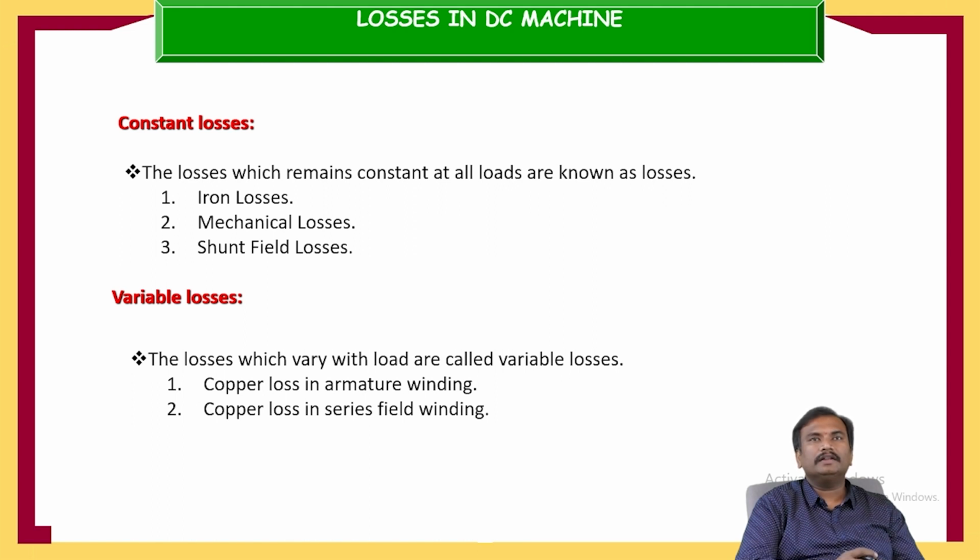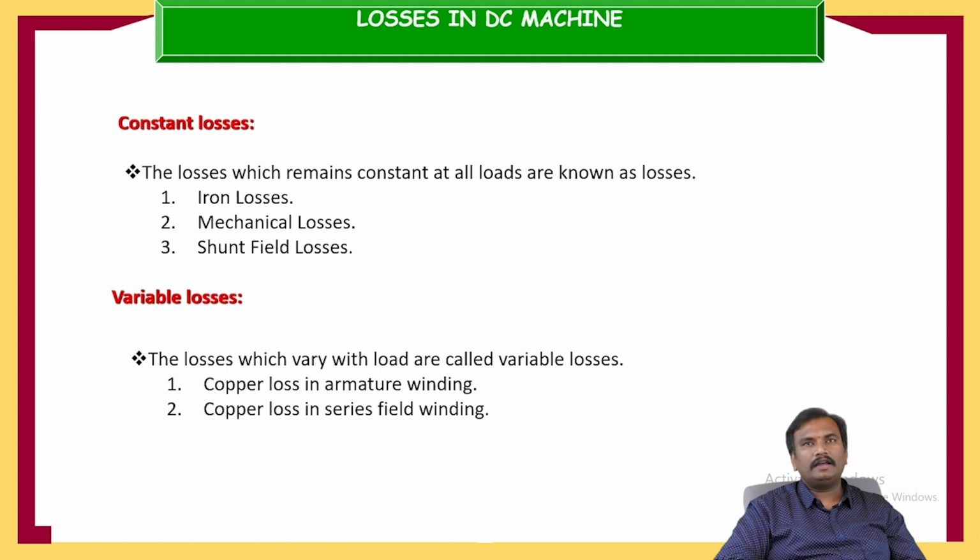Here the losses are based on how their value is going to change. Based on that, the losses are classified into two different losses. One is constant loss, another is variable loss. The losses which remain constant at all loads are known as constant losses, and these losses are constant throughout a machine.